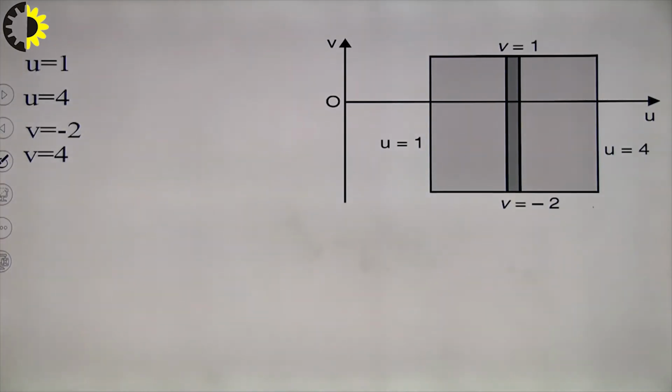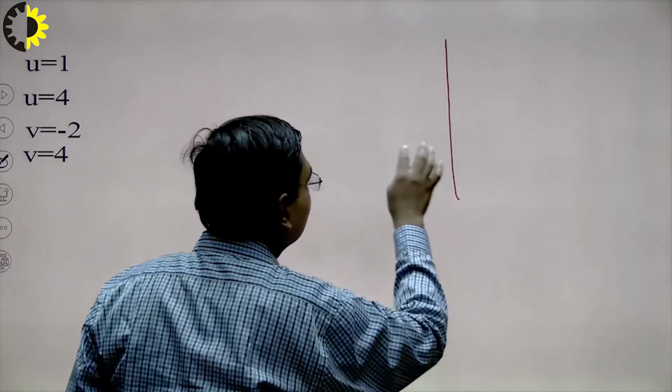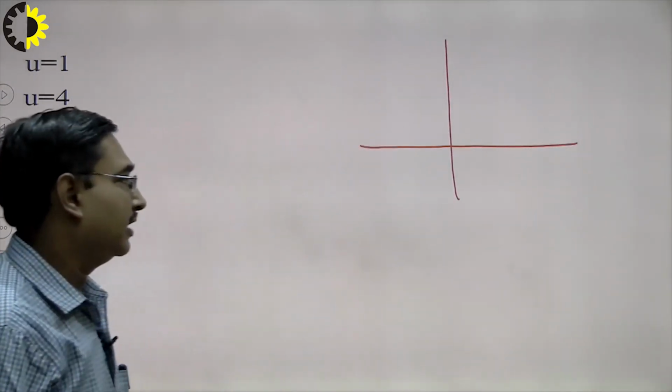These are the equations. We shall draw the graphs of these lines. Suppose this is our uv plane.